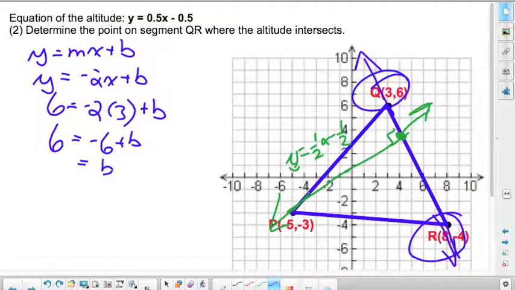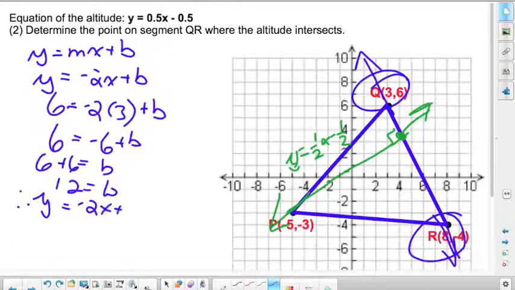So b is equal to 6 plus 6, so b is equal to 12. So this equation is y is equal to -2x plus 12. Did you get the same answer? If we extended this line, we can see that it's going to roughly hit around 12. So we're in the ballpark with our b value at least.